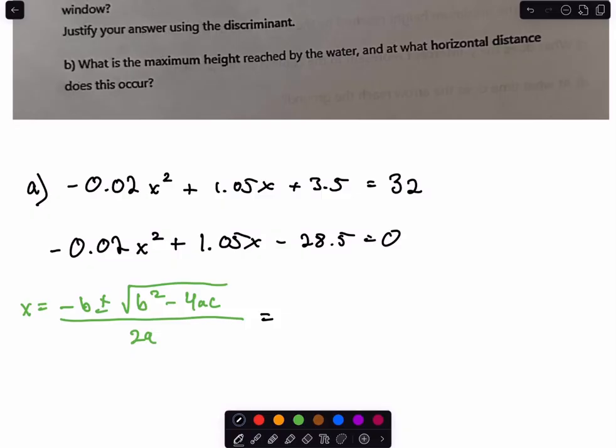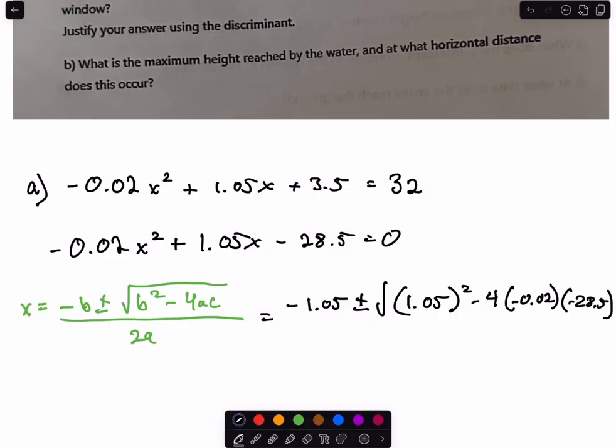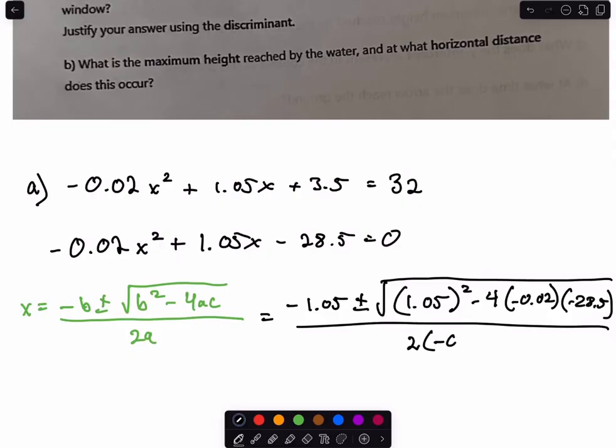If we plug in b here, it's going to be negative 1.05. B squared is 1.05 squared. Our a is negative 0.02, and our c is negative 28.5. And our 2a is 2 times negative 0.02.